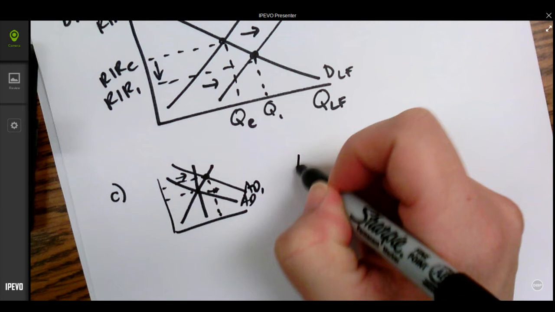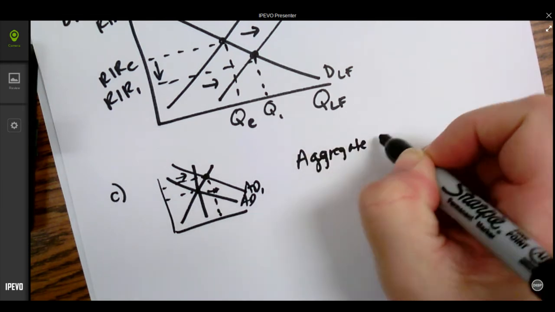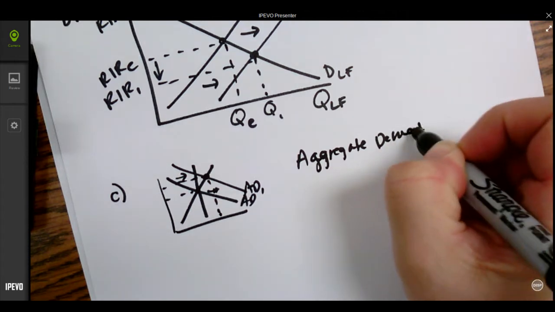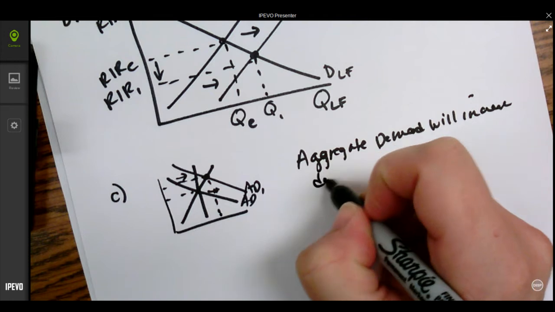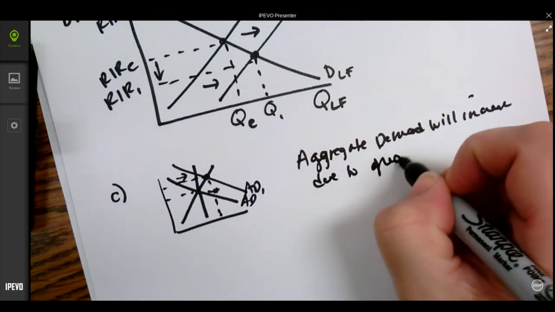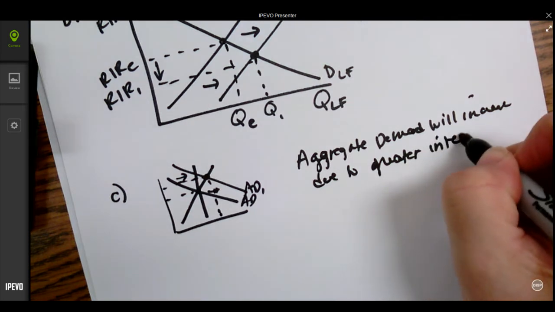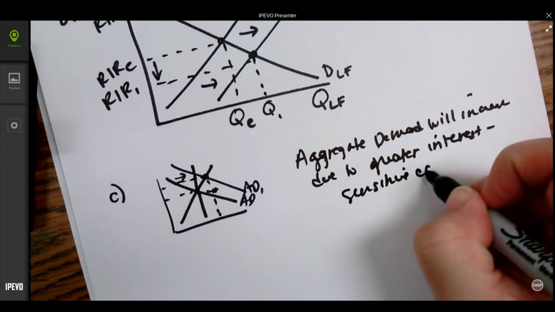Why? Well, first of all, I'm going to say aggregate demand will increase due to greater interest-sensitive consumption.